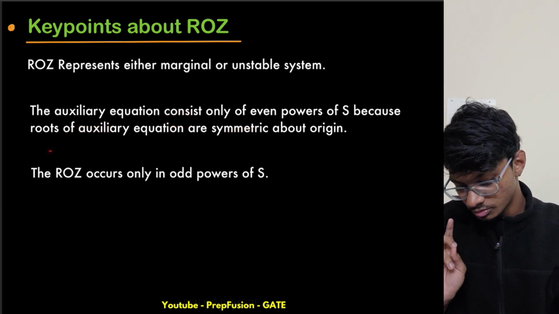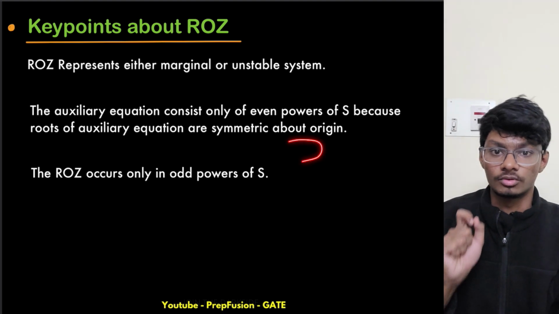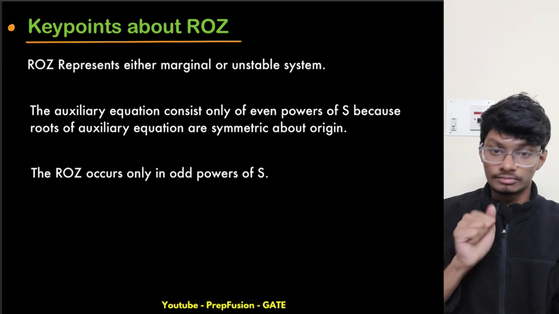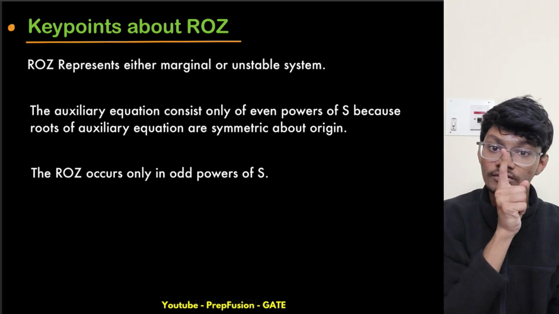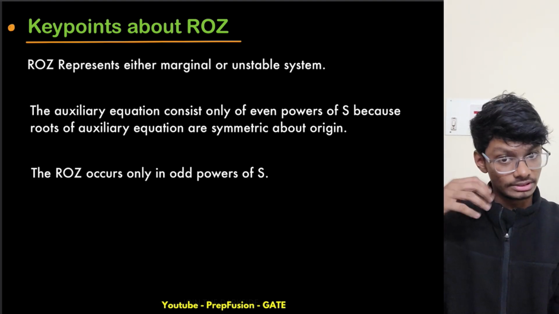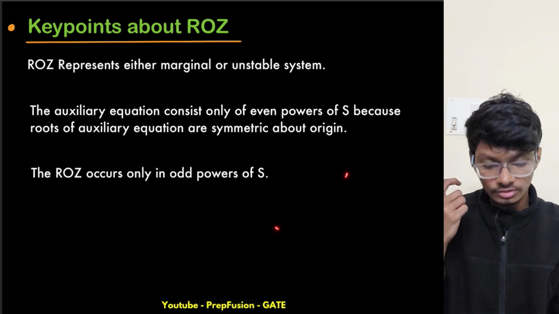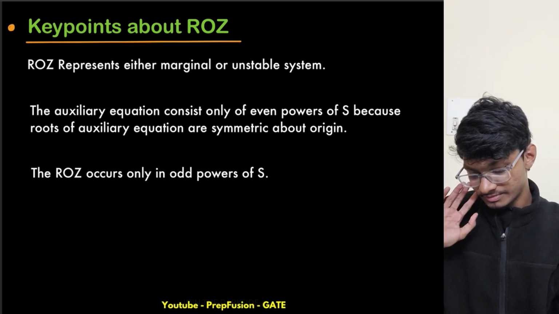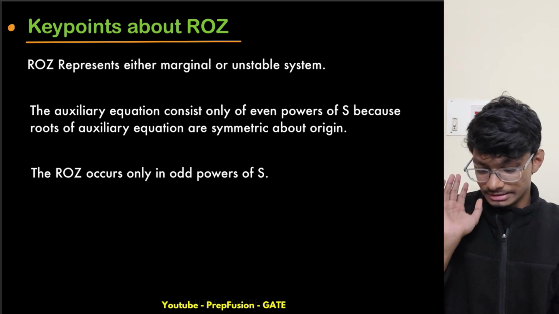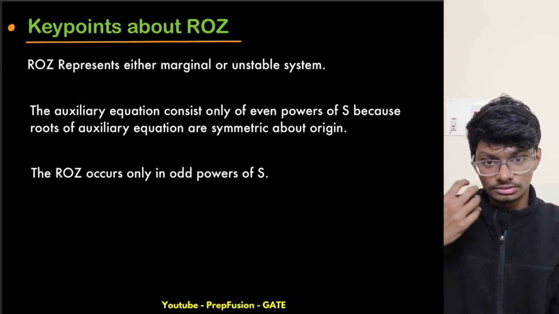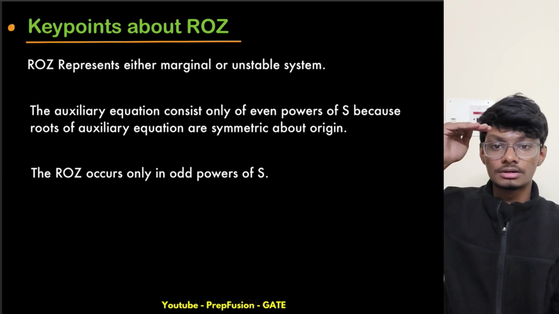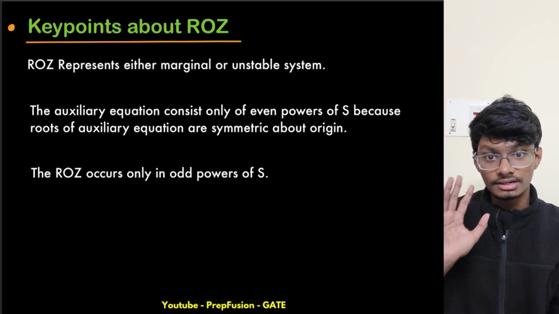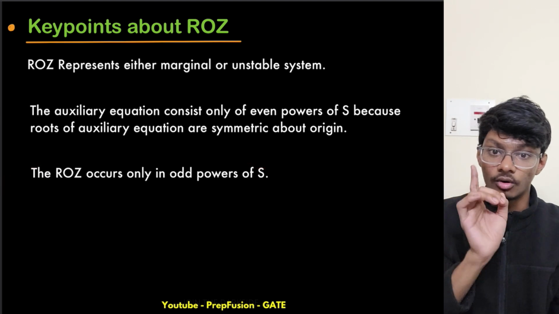So that is basically what my ROZ represents. The auxiliary equation consists only of even powers of s because roots of the auxiliary equation will be symmetric about the origin. As they will be symmetric, I must have two roots. I can't have only one root. Symmetric means I need two roots. That's why the auxiliary equation must occur at an even power of s, then my row of 0 will occur at an odd power of s.